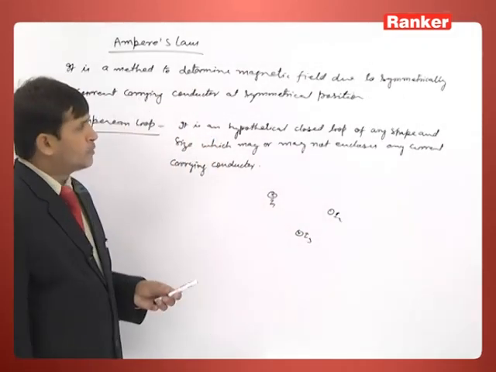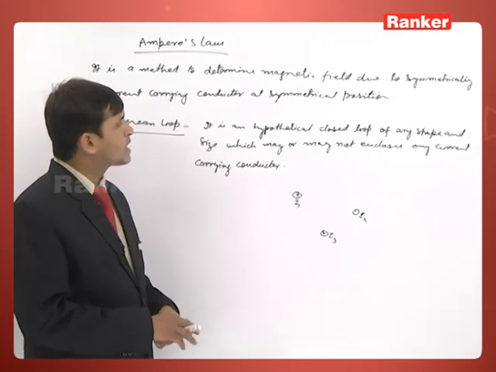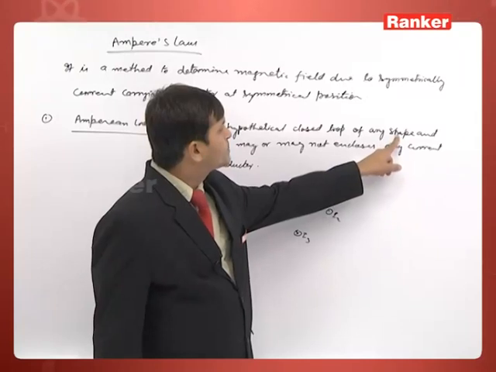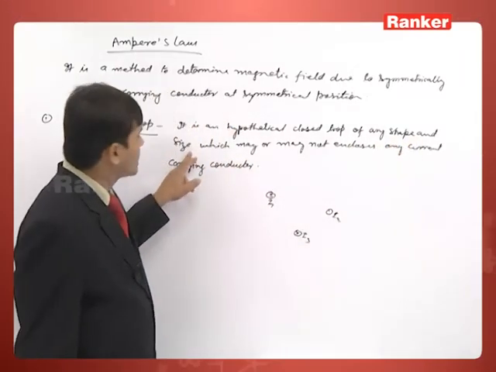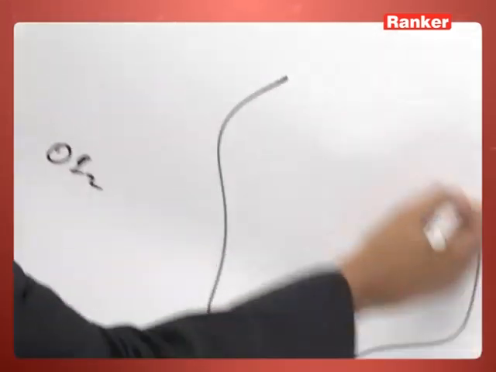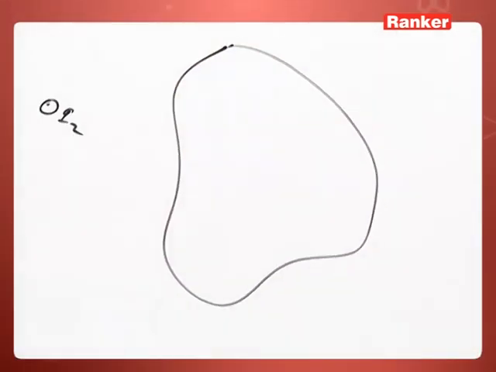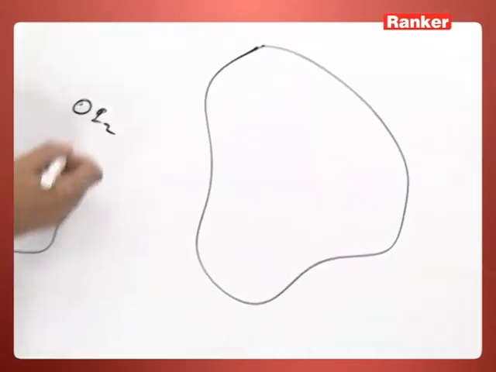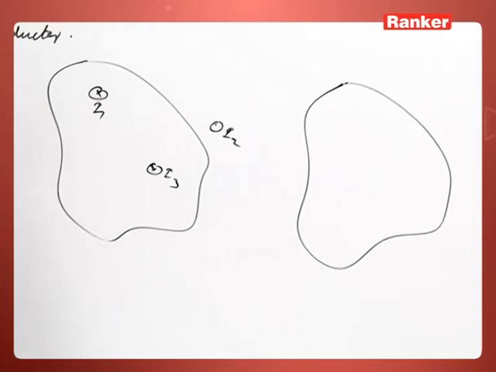So Amperian loop means any closed loop of any shape and size. We can have a closed loop like this. That can also be called an Amperian loop. This can also be an Amperian loop.